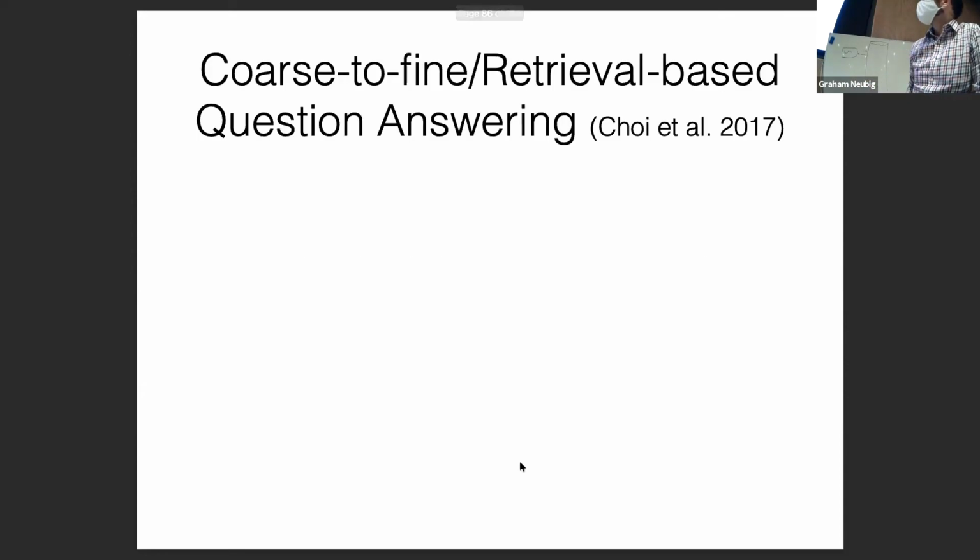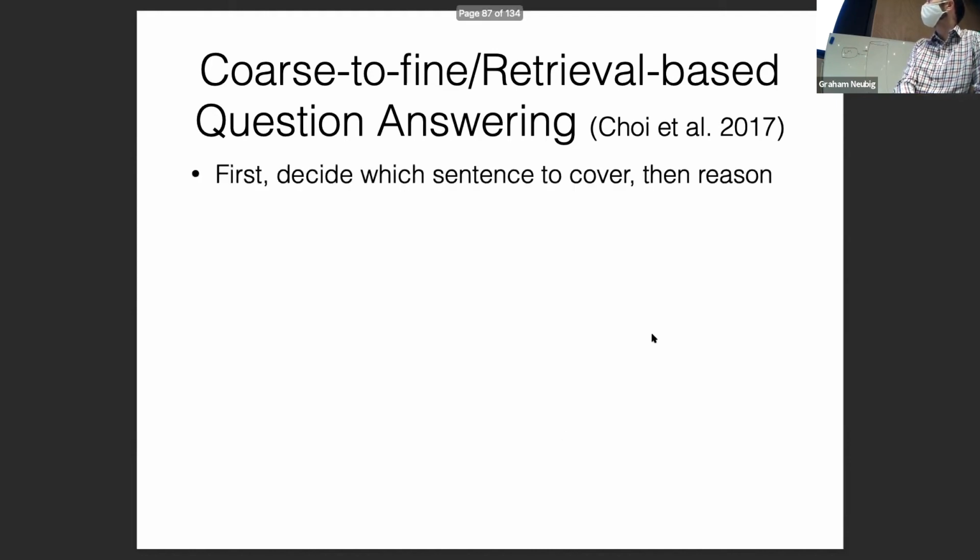There's a number of different ways to do this. The first place where this was proposed was in coarse-to-fine or retrieval-based QA models by Choi et al. in 2017. And this was used specifically for reasoning over Wikipedia documents. So you have a whole Wikipedia document, which is relatively long.